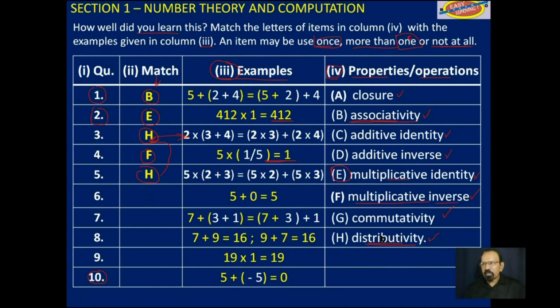Next, number 6. 5 plus 0 is equal to 5. This one should be very easy. Your answer is C, additive identity. You add 0 to anything, you get back the original number. Number 7. 7 plus 3 plus 1 is equal to 7 plus 3 plus 1.